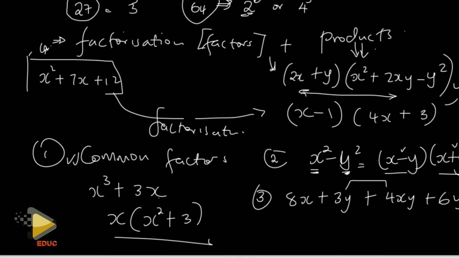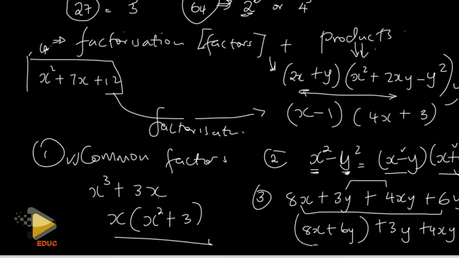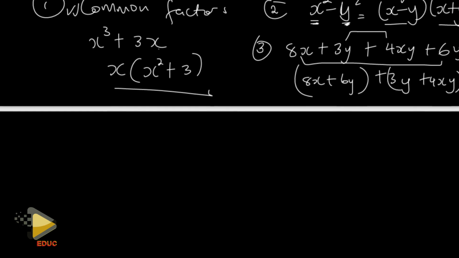So if I combine this and then I combine that, I'll have 8x plus 6y plus 3y plus 4xy. And then I can take out what is common in that case. Okay, so just do the grouping, or you can do it any other way. You can always end up with the same result. So what is common here?